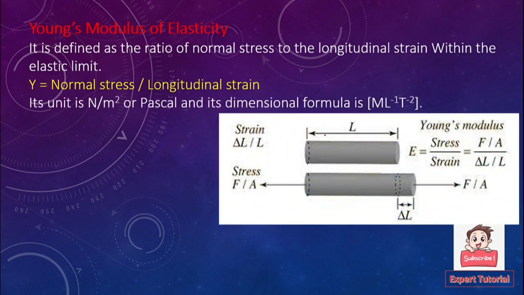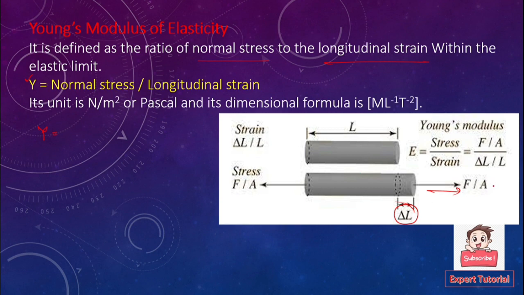This is a rod of length L, and I have applied a force in this direction, that is F, and after the application of this force, it is elongated by this delta L amount. So the Young's modulus, the definition is the ratio of normal stress to the longitudinal strain. This is basically the definition of the Young's modulus, that is Young's modulus equals normal stress by longitudinal strain. So Y, you can see, we can write from this picture, Y equals normal stress.